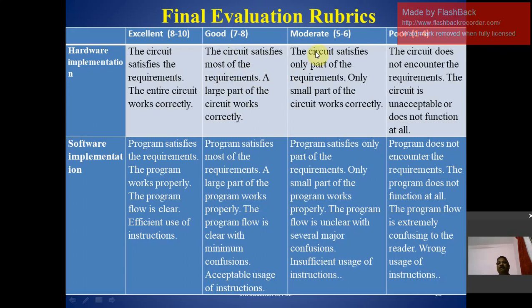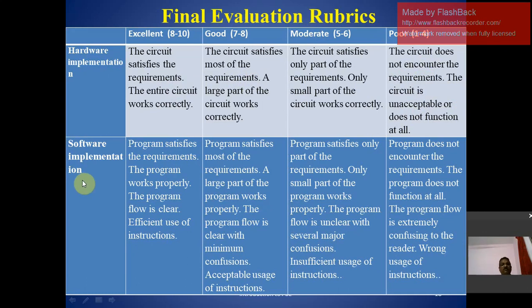In moderate, the circuit satisfies only part of the requirements and only a small part of the circuit works correctly. In poor, the circuit does not meet the requirements, is unacceptable or does not function at all. So you can give marks out of 10 depending on the category.